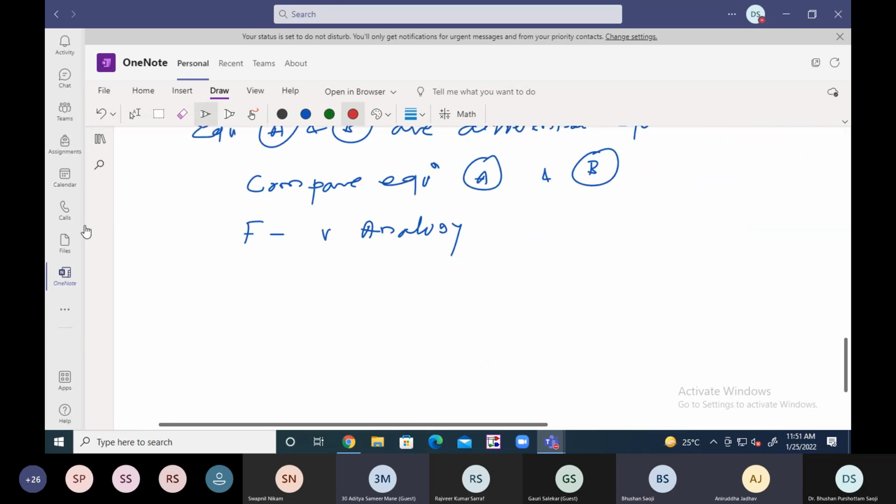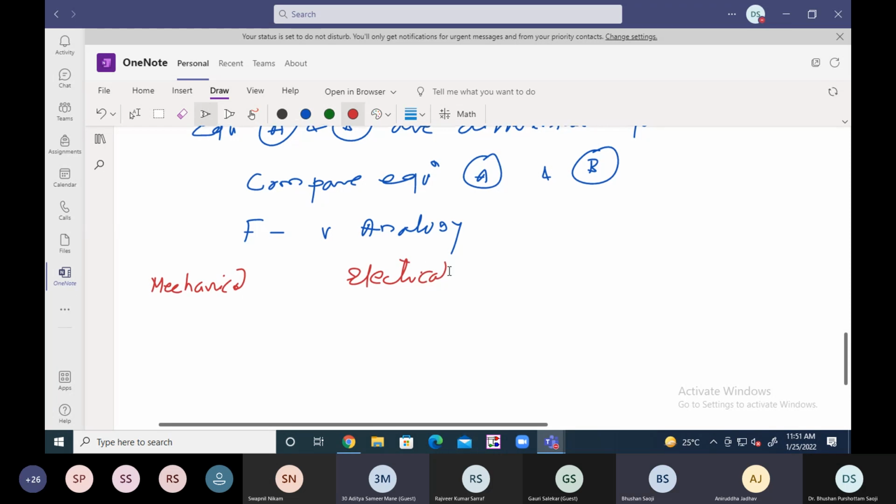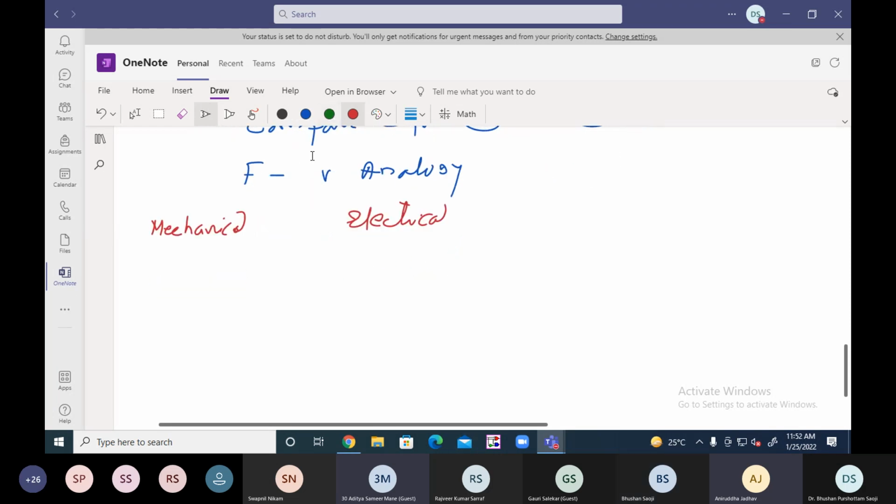So here we will write down the mechanical system, and here we will write down the electrical. Here is the force, that is F of t.